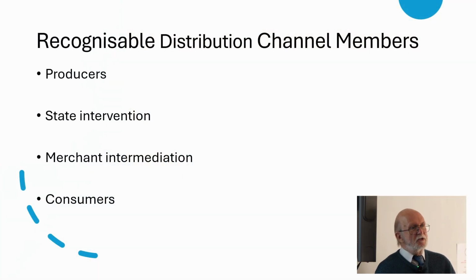And the first step is to try to identify the individual actors. Are they the same in the Roman period as today? Are there any new ones? Have any disappeared?